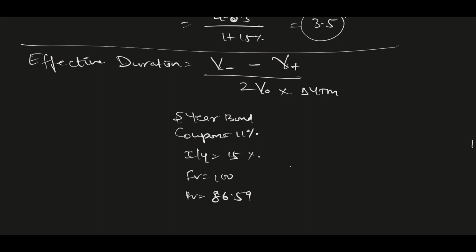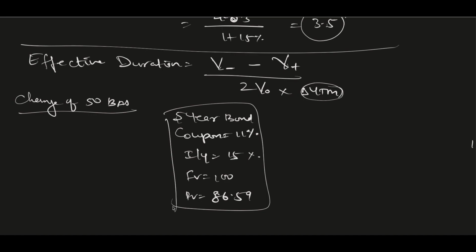Now imagine, because I need to know the change in interest rates, let's say in this question there is a change of 50 basis points. 50 basis points means 0.5 percentage. So how will I find out the effective duration when the change of 50 basis points happens for this given condition?